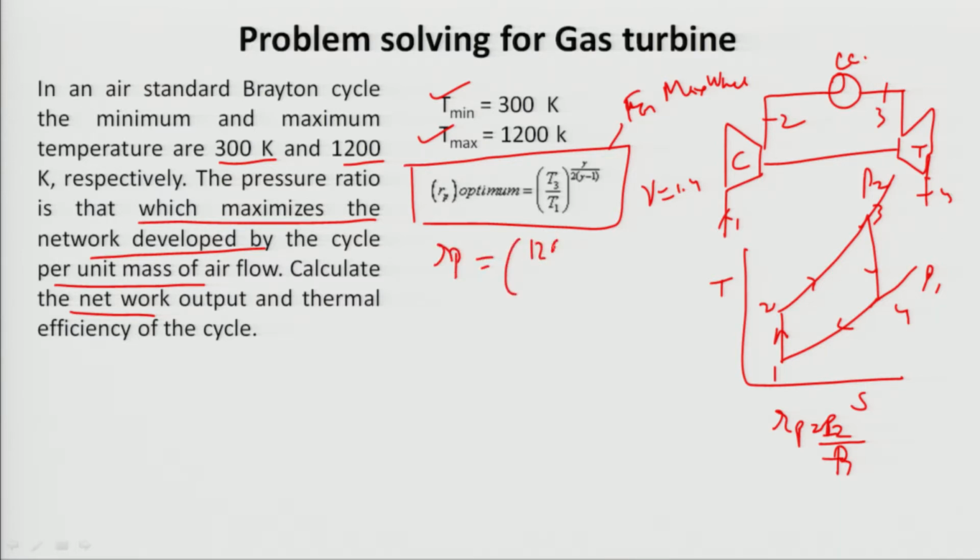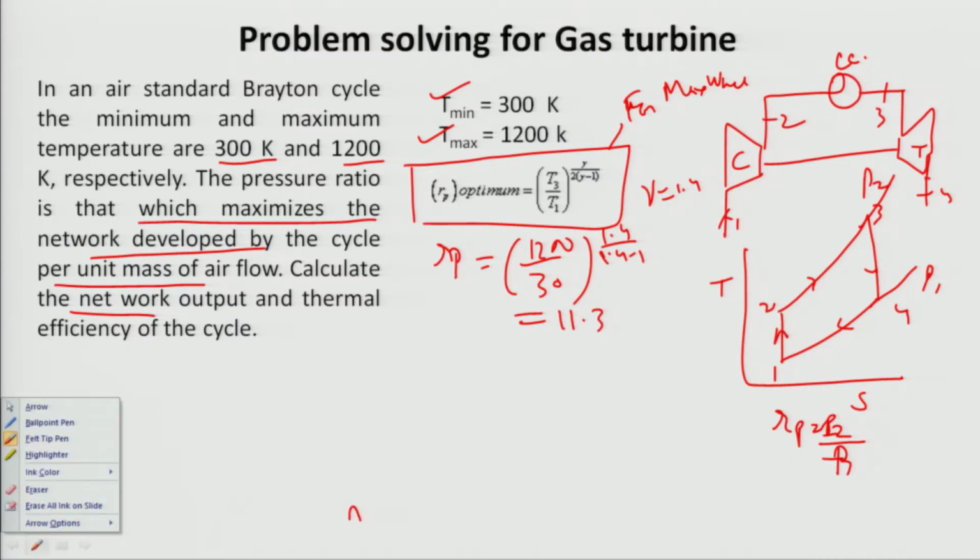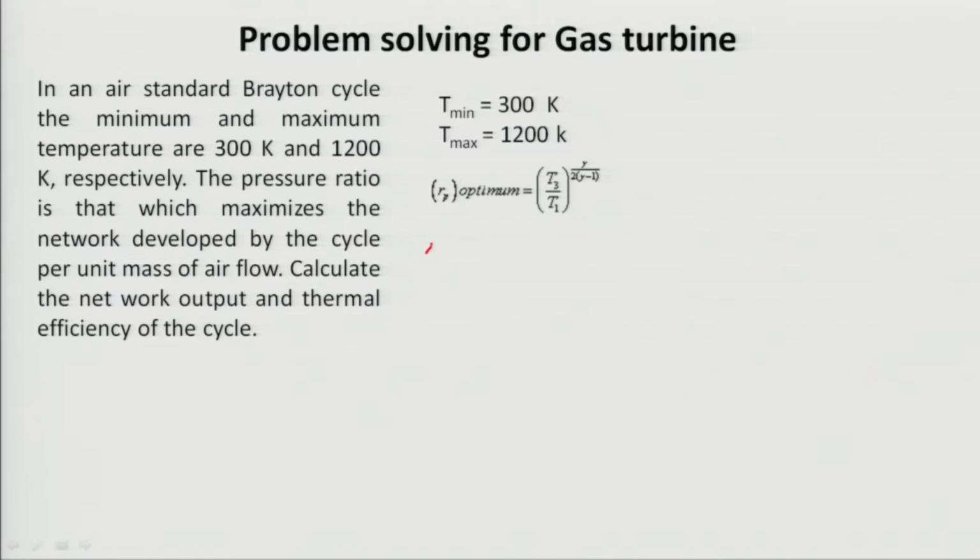This is 1200 divided by 300 raised to the power 1.4 divided by 1.4 minus 1, and the value of the pressure ratio comes to 11.3. So, we have found the pressure ratio, it comes to 11.3.